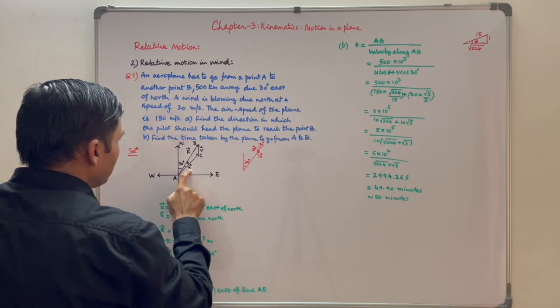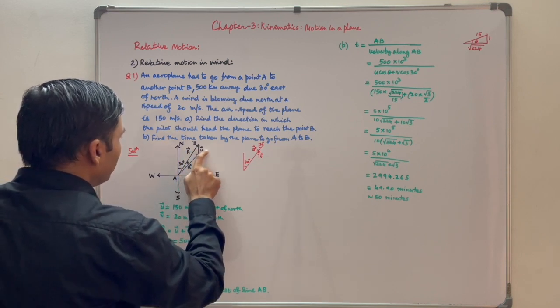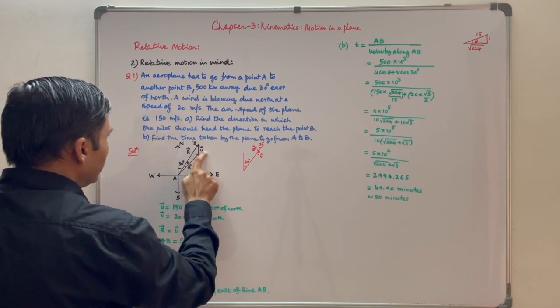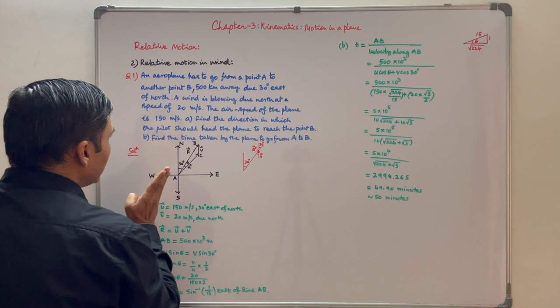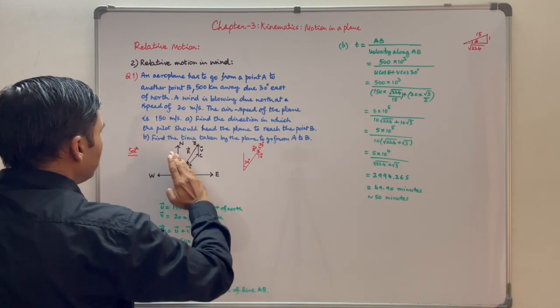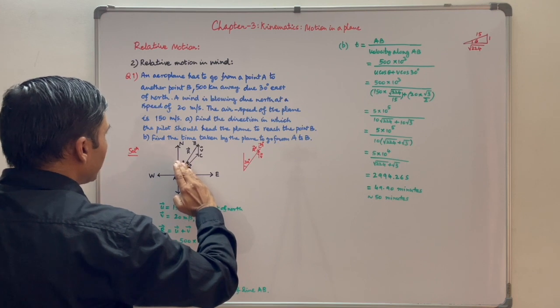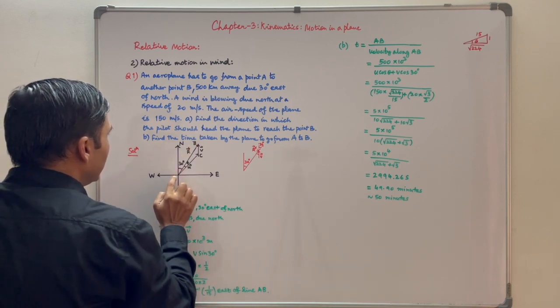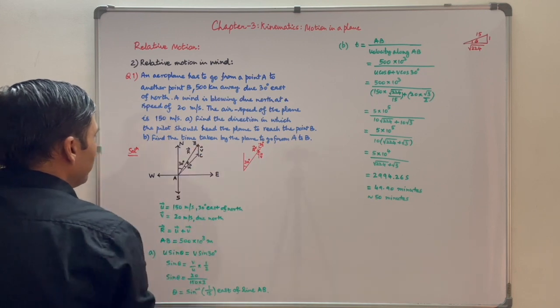U is the velocity of plane and V is the velocity of wind. We will resolve U and V into two components, one along line AB and another perpendicular to it. Perpendicular components will cancel each other and along the AB will help reach the plane towards the target.